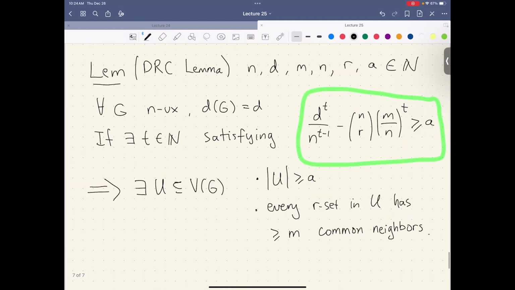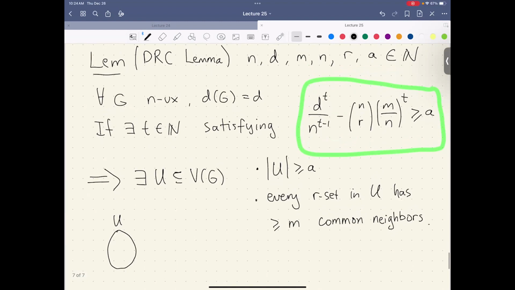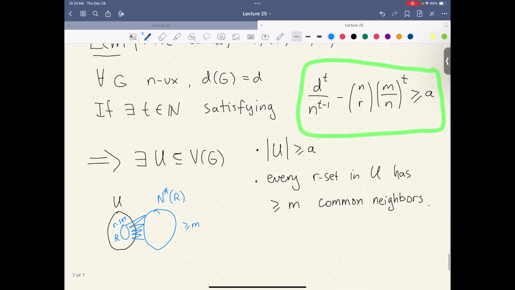So here's a picture. We can find this nice set U such that every small set, some R sets inside, if you look at the common neighbor, it's large. This is, let's say, R set R. This is the common neighbor of R, at least M vertices.